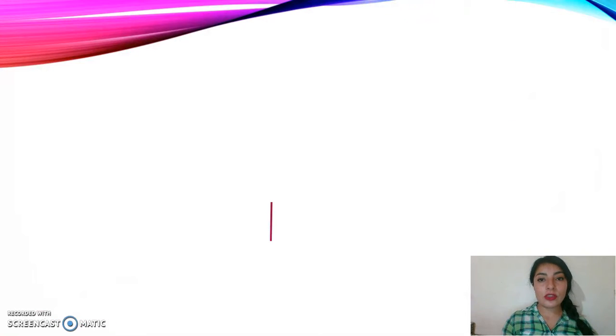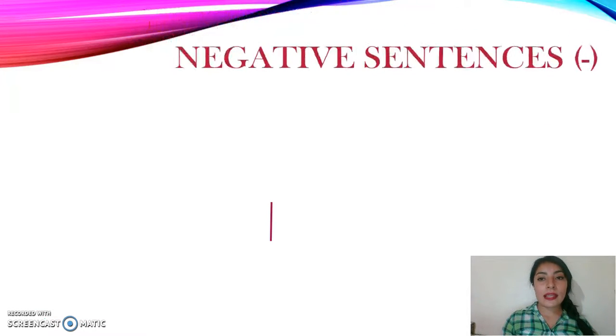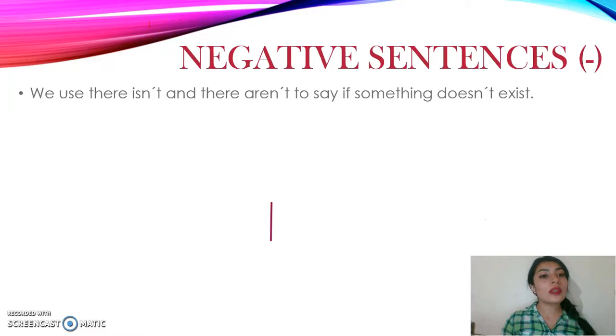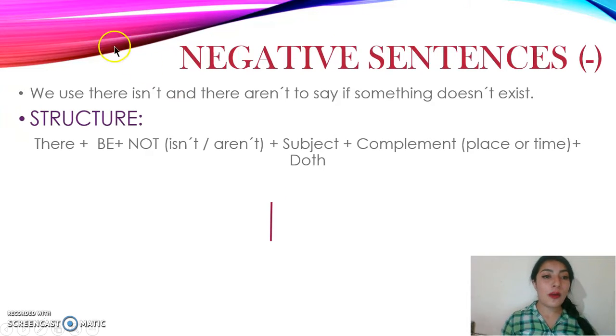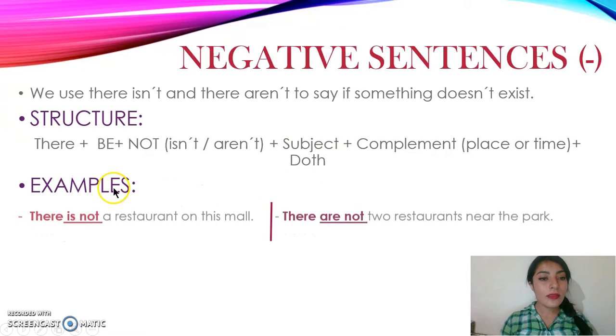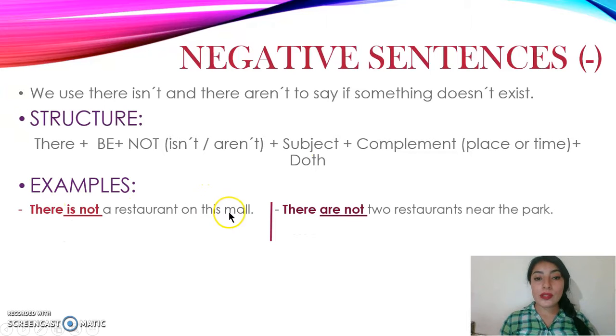We're going to continue now with negative sentences. We use there isn't and there aren't to say if something doesn't exist. So what's the structure? There plus be not, in this case isn't or aren't, plus subject plus complement. We have here some examples. There is not a restaurant in this mall.